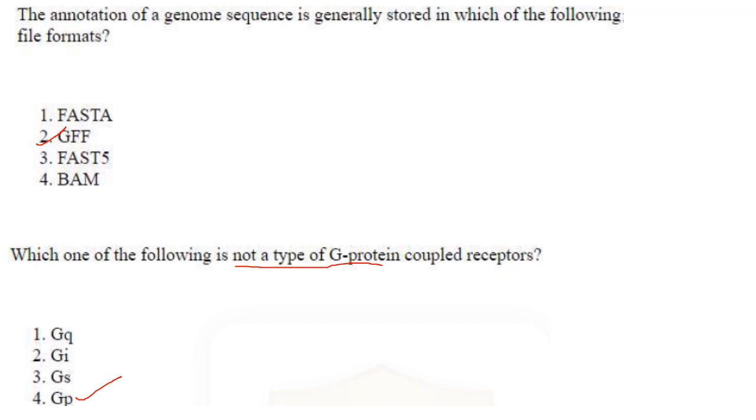Gq activates phospholipase C beta. G12-13 activates small GTPase families. So they have asked which is not a type of G protein. So GP is not a type of G protein. Gq, Gi, Gs are types of G protein. So the answer is option 4.